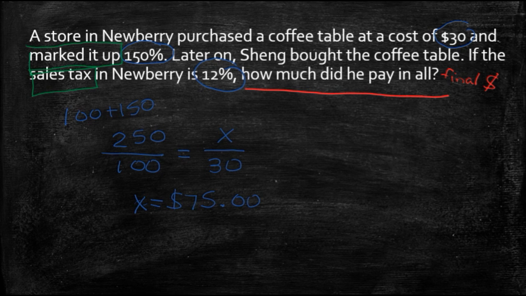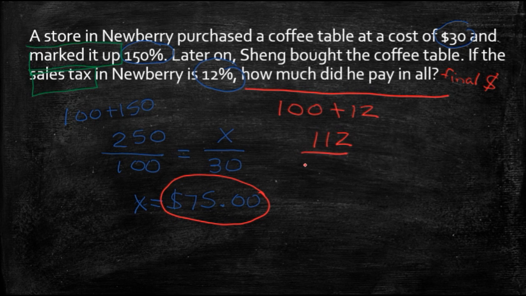So now you would need to take that, and that becomes your new original price. And then you have your 12%, so you have to take 100 plus 12. You'd get 112 over 100. And now you have a new original price, and you would have put 75 there, and then your variable there. And after solving that, you should have the answer of $84.